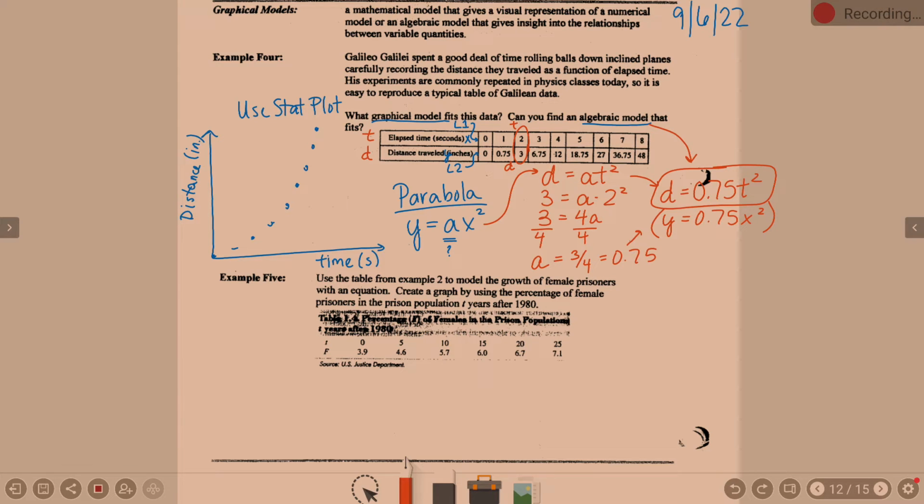Now, try something. Go in your y equals screen and type in this equation we just came up with and then graph it. So if I type in 0.75 x squared and then graph it, what is it doing?